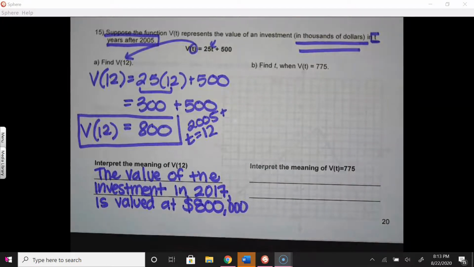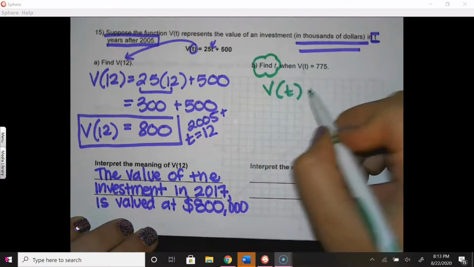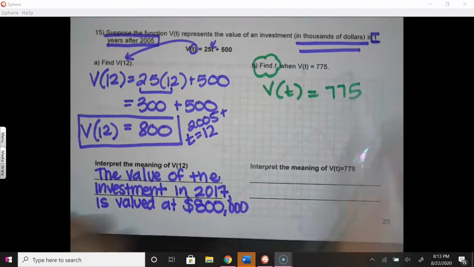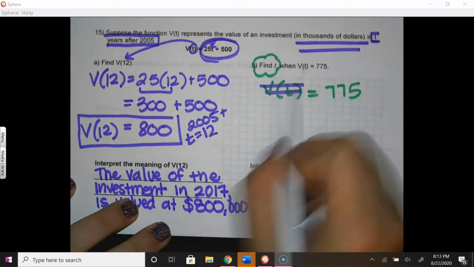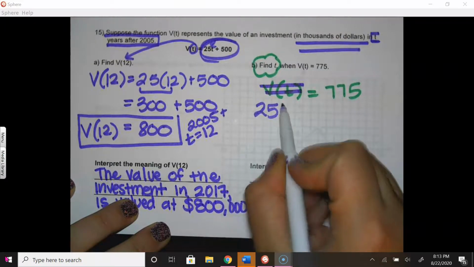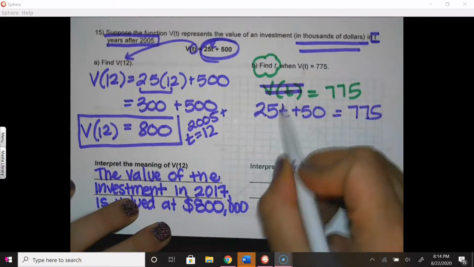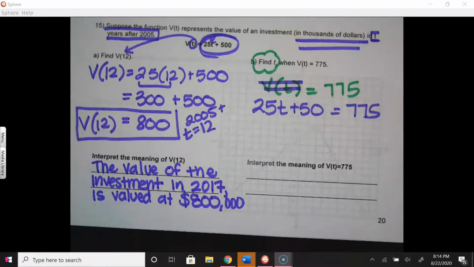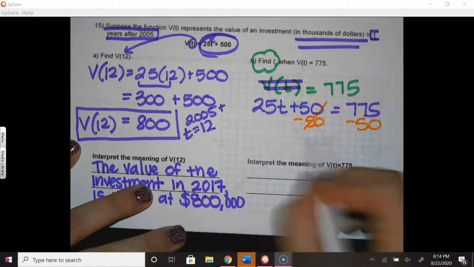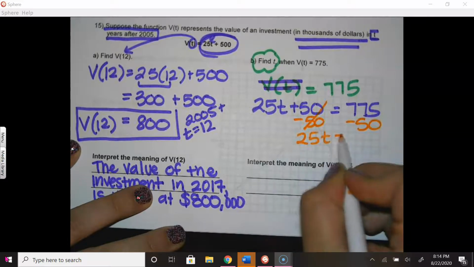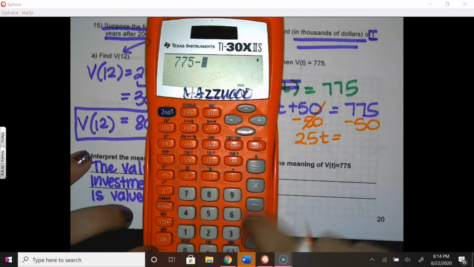All right, next one says to find t. It says v of t, so I'm taking the whole entire function and plugging it in, so now we can solve for t. We're going to subtract 50 from both sides. So we have 775 minus 50.